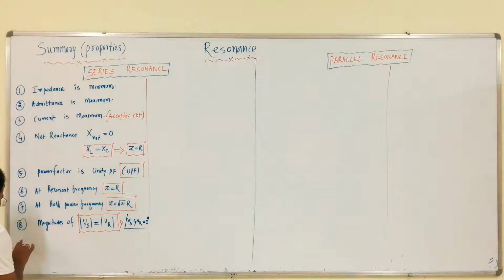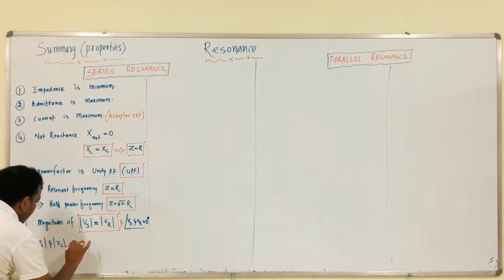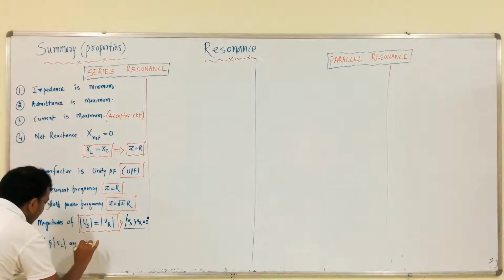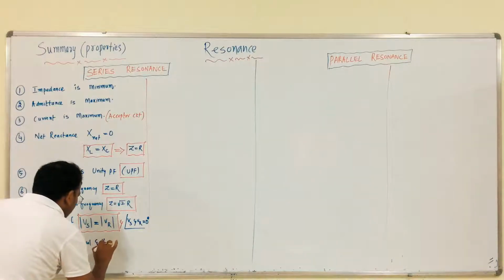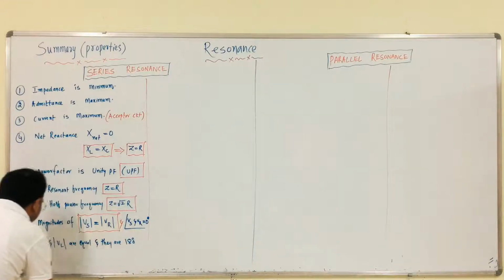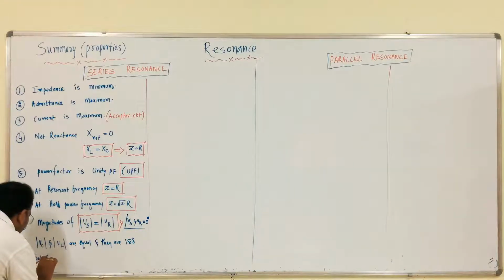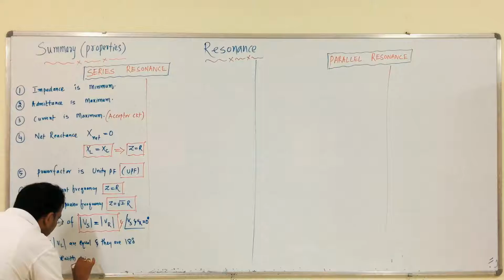Next, ninth point, magnitudes of Vc and Vl are equal, right? Then only we have resonance, and they are 180 degrees out of phase with each other.